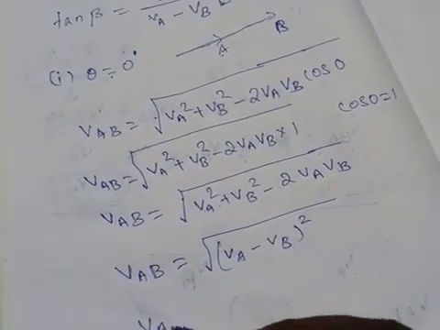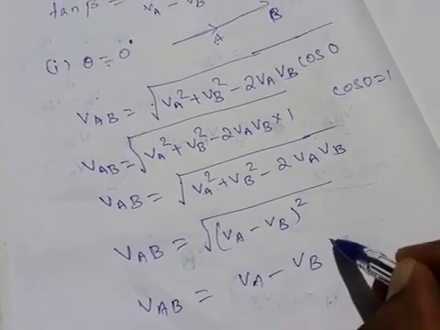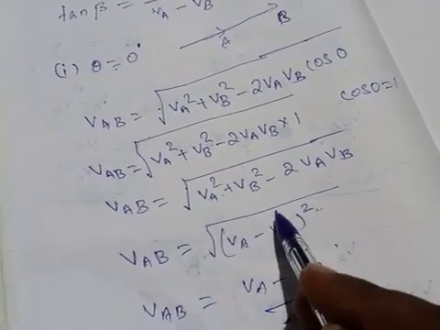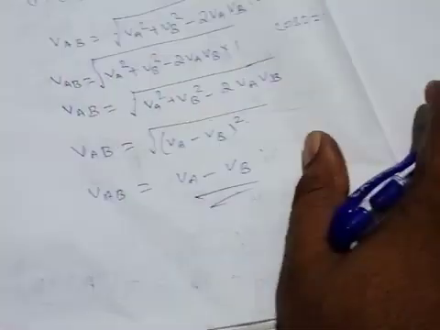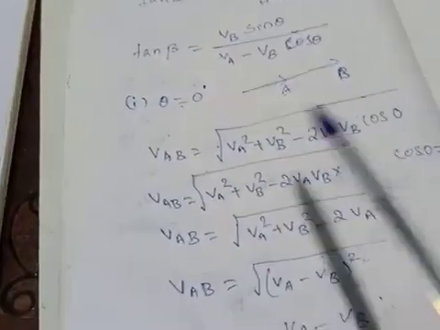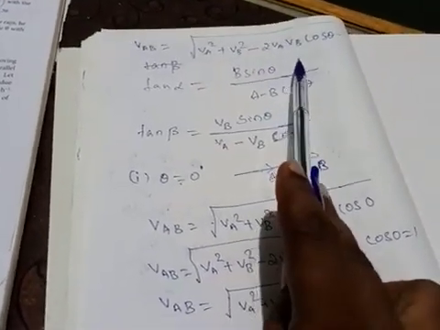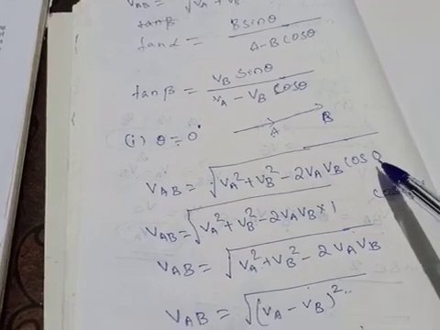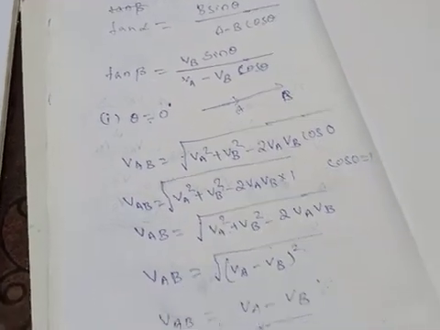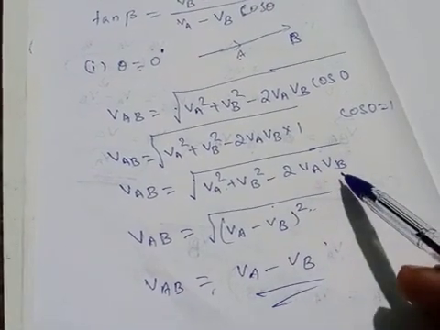Now VAB is equal to what? VA minus VB. The square root cancels. So this is the result if theta is equal to 0. In this formula we are putting theta equal to 0. We know that cos 0 is equal to 1, so we get VA square plus VB square minus 2VA VB.